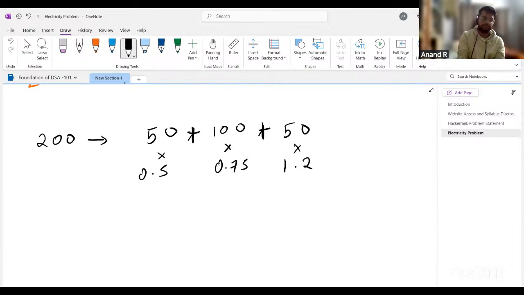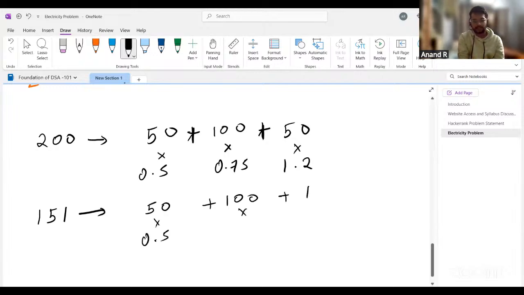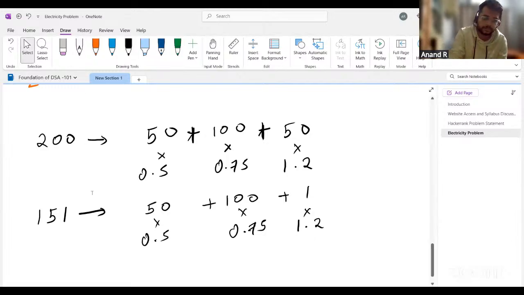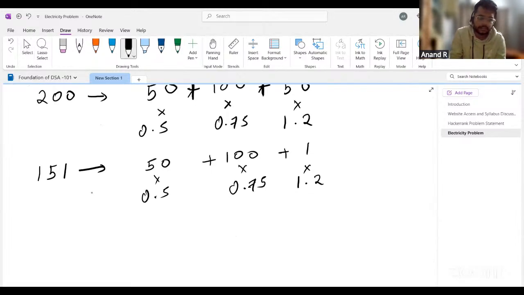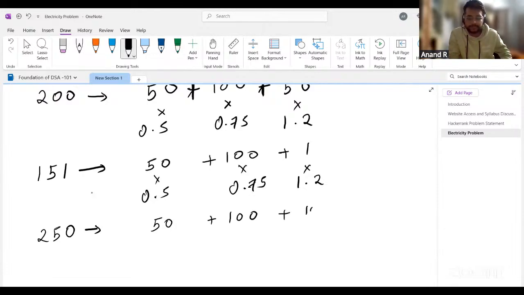Now let's say if it is 151. For 151, again I can break it into three parts: 50 plus 100 plus 1, because for this 50 the cost is 0.5, for this 100 cost is 0.75, and for this one the cost is 1.2, right? Let's say if it's 250, I can break it into three parts: 50 plus 100 plus 100.